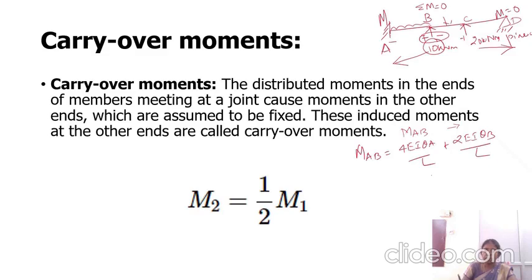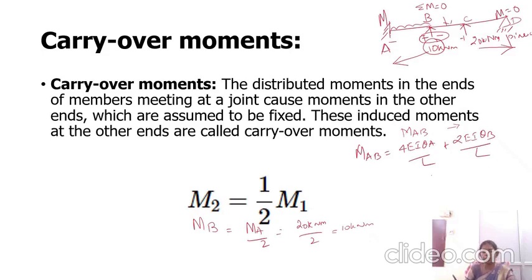That is, the moment at B is equal to the moment at A by 2. If you consider an unbalanced moment of 20 at A, you can carry over 10 kilonewton meter to B. That is the carryover concept.